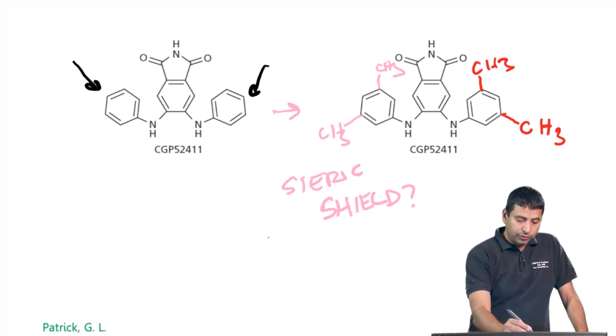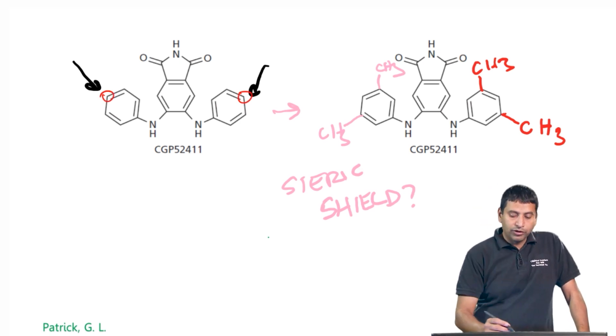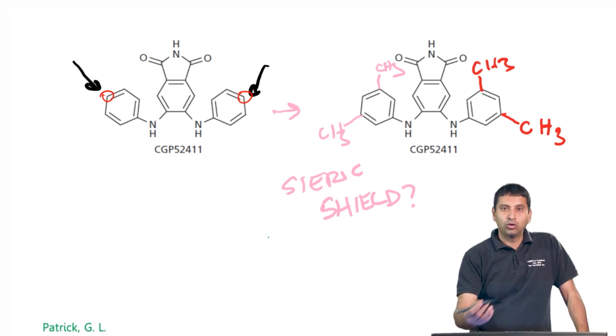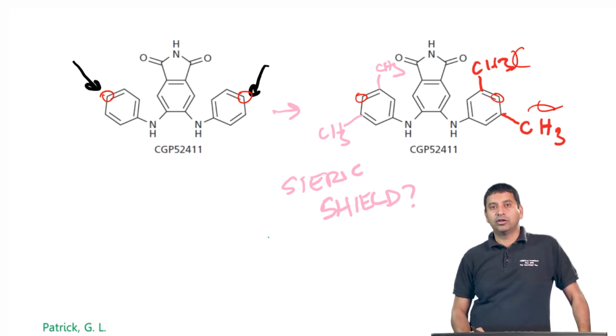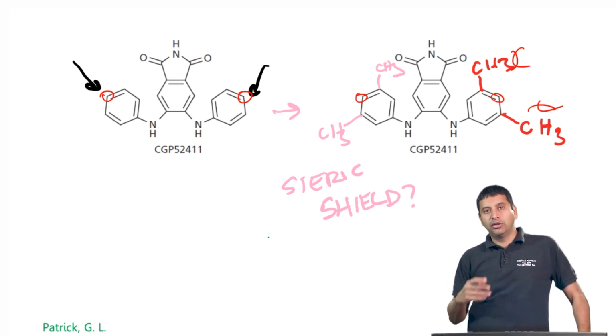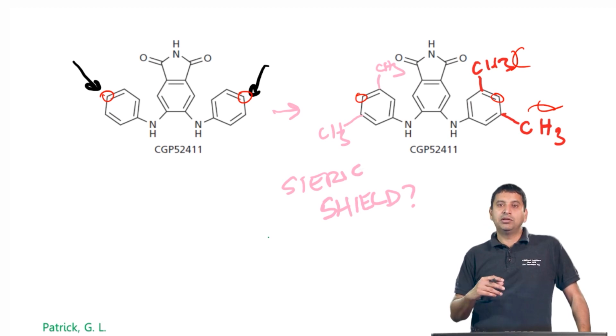Because this is the position of attack, what we could do is add one or two methyl groups around this carbon, and this presents a steric shield against oxidation. Of course, the problem with this approach is that you are increasing the hydrophobicity of the molecule by adding methyl groups. So, we could first add one methyl group in the meta position and see how susceptible it is to oxidation, and then follow it up with a second one if necessary.